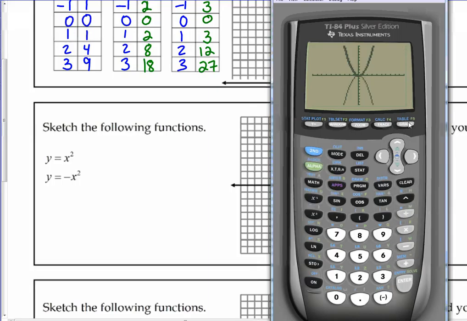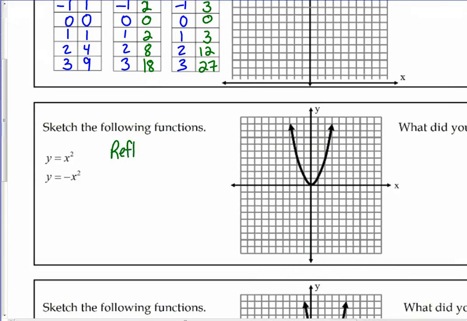Look at that. Okay, that has a name. We say it's reflected in the x-axis. So all our y values became negative y values.